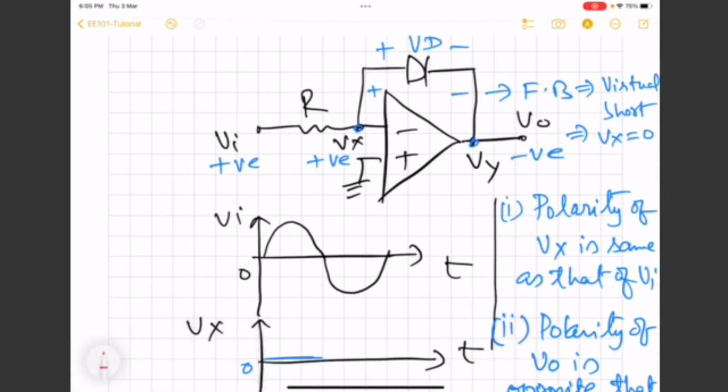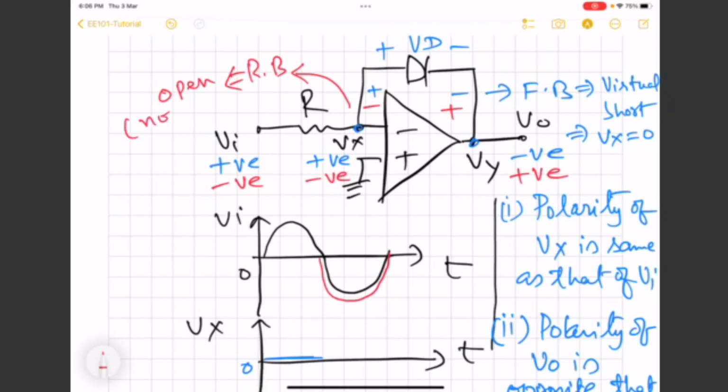And during negative half, we have negative here. So this is going to be negative. Output is going to be positive. So polarity is going to be negative and positive like this. So VD is going to be negative. So this case then implies reverse bias. So this implies open. That means no feedback.